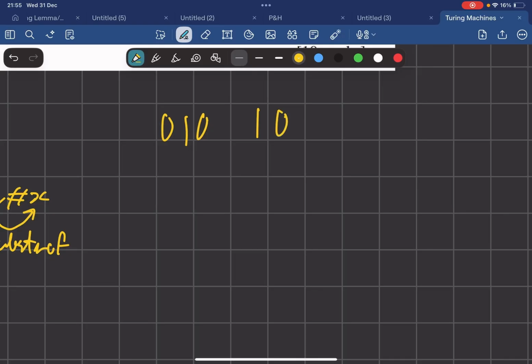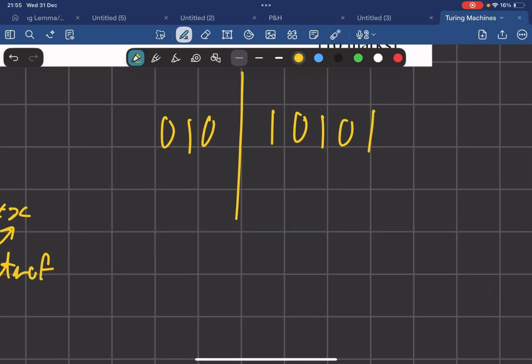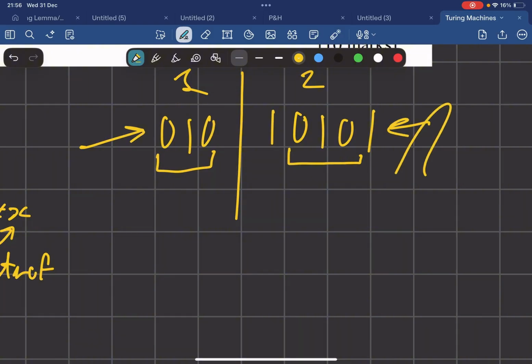So for instance, let's say these are two separate strings. Is this string contained within the other one? Well, it is, because if you look over here, this sub portion of the second string is exactly the first one. And so this is a substring of this.